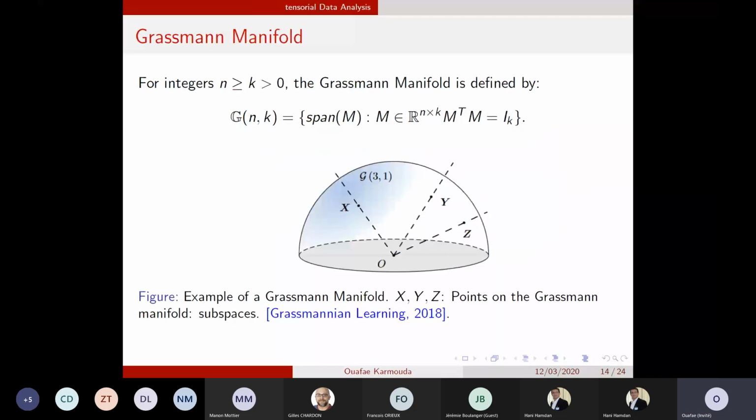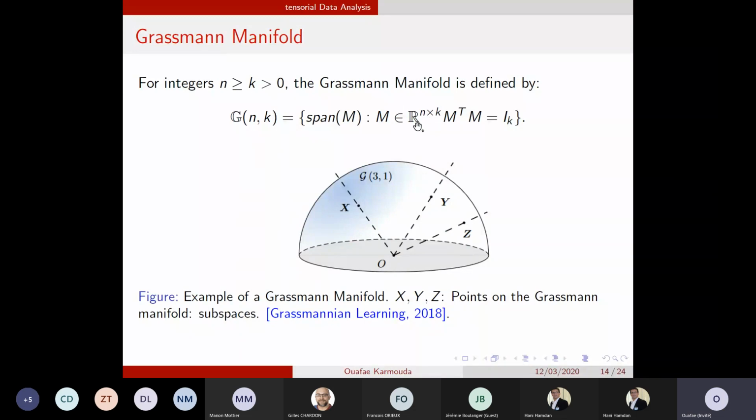So what is a Grassmann manifold? A Grassmann manifold depends on two integers, n and k, and is the set of subspaces of R^n of dimension k, which means the set of subspaces spanned by k vectors of length n that we put in a matrix M that is full rank. This is a full rank k.